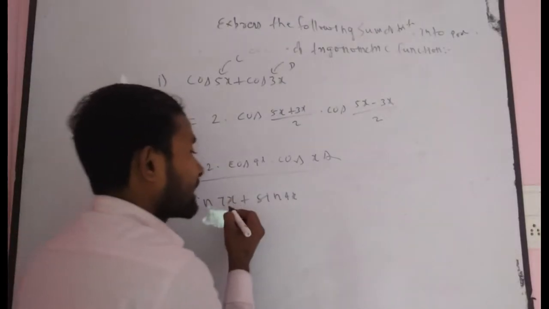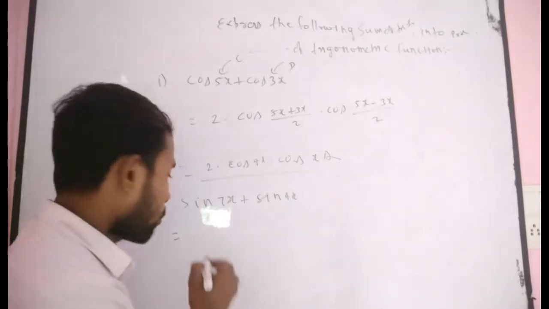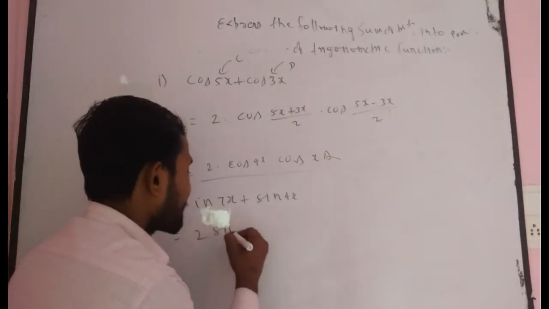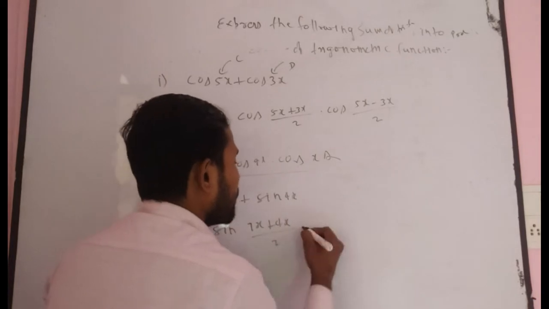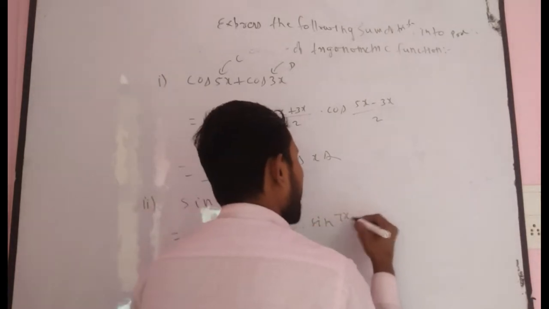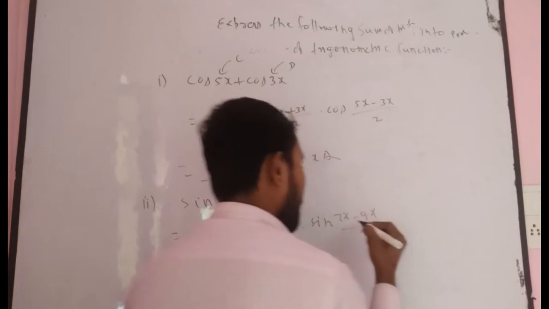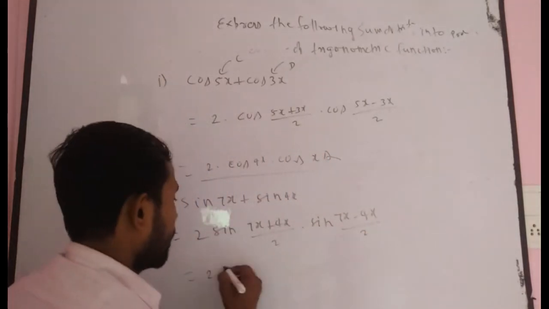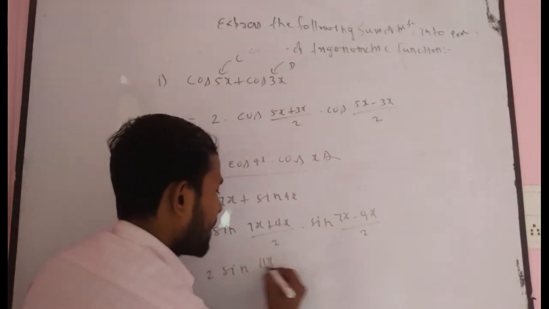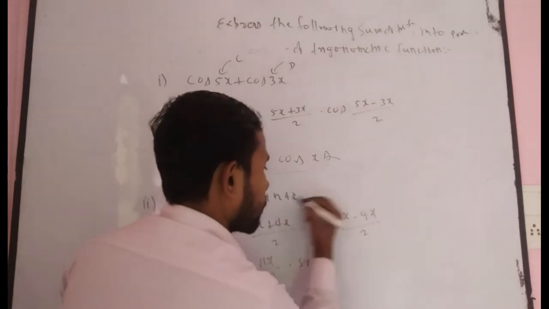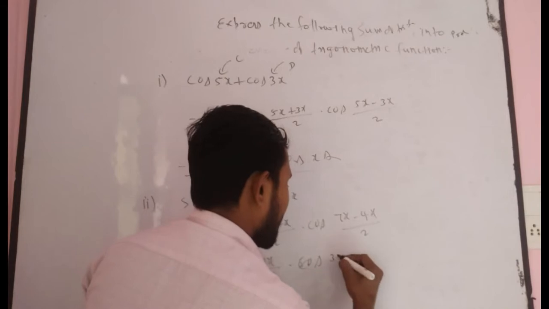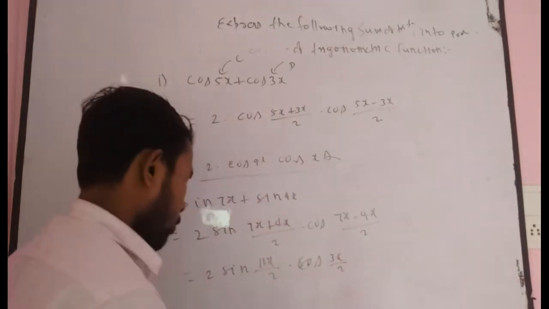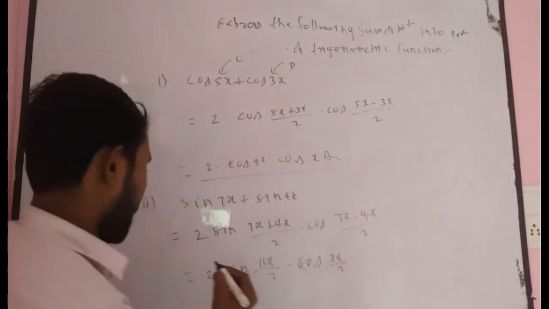As you know, sin c plus sin d is equal to what? 2 times sin (c plus d) by 2 into cos (c minus d) by 2. In that case, you will get 2 times sin 11x by 2 into cos 3x by 2. It is your final formula. Now we take a third example.